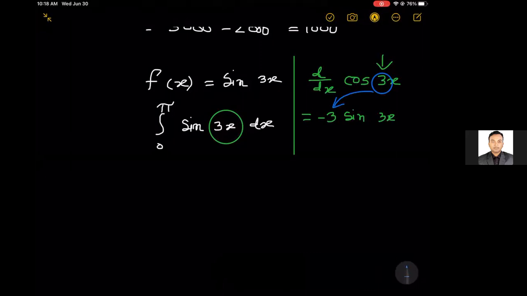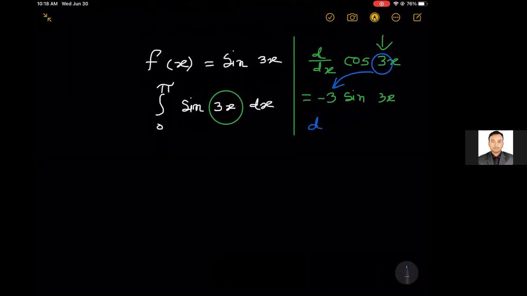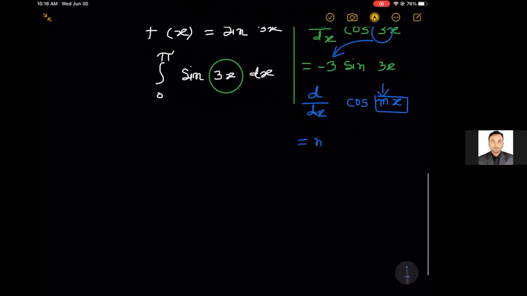Or if I generalize this, d dx of any trigonometric function, if we have a coefficient m with the x for the angle, then this m comes in front like this, right?